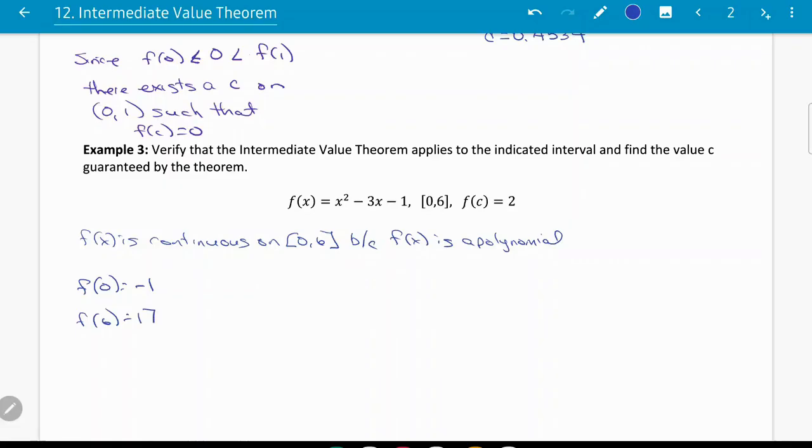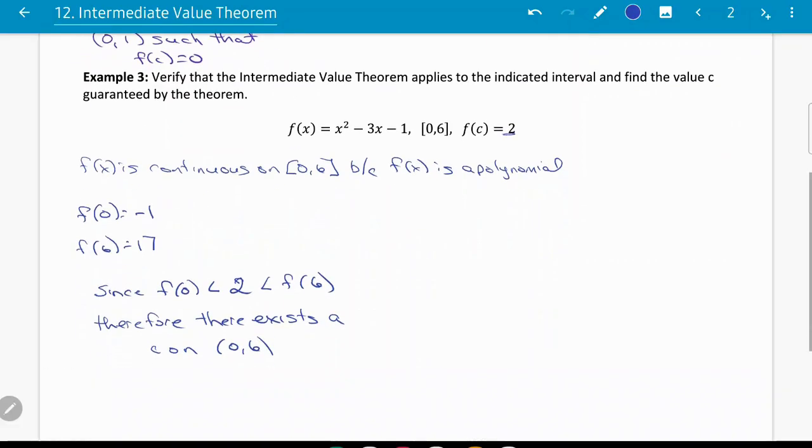And so we know that since f of 0 is less than 2, which is the value we're looking for, which is less than f of 6, therefore, there exists a c on 0 to 6 such that f of c equals 2.